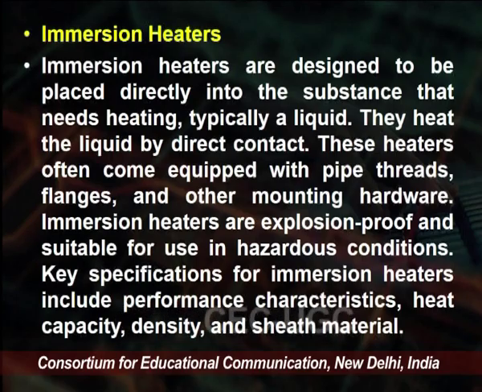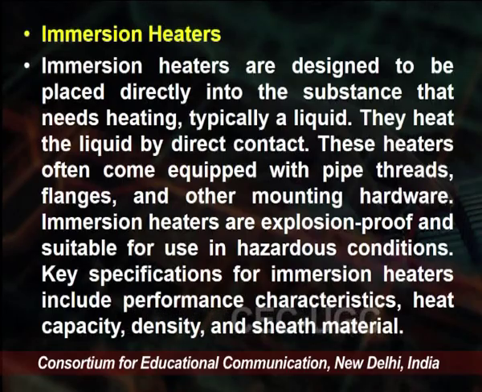Another type of heater is the immersion heater. This immersion heater is designed to be placed directly into the substance that needs heating. So typically we use this immersion heater in liquid, and it heats the liquid by direct contact, and these heaters often come equipped with pipe threads and other mounting hardware.